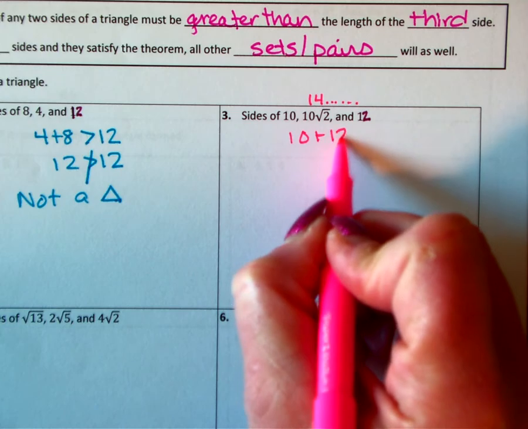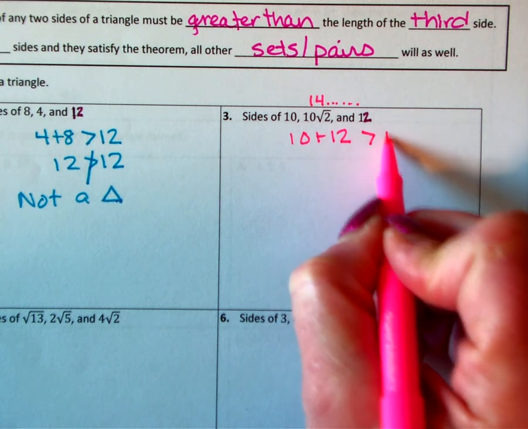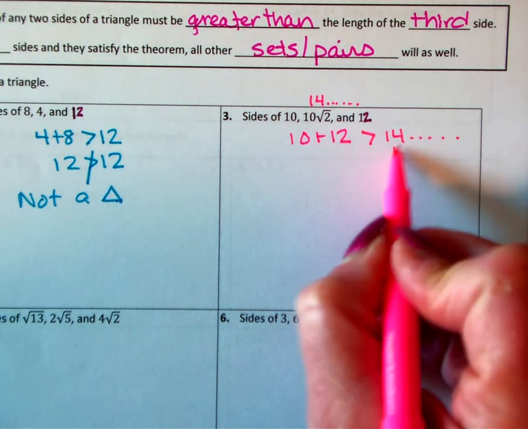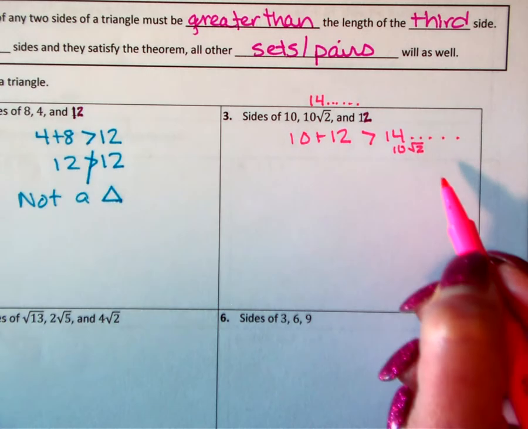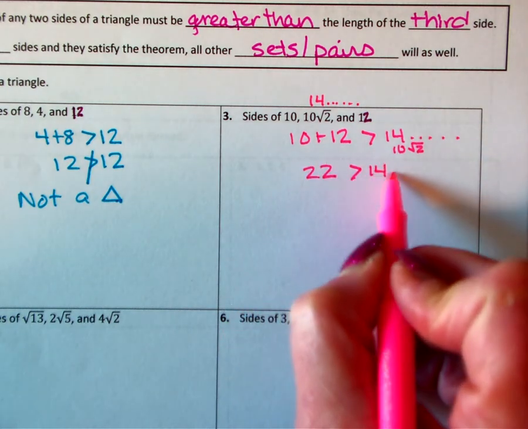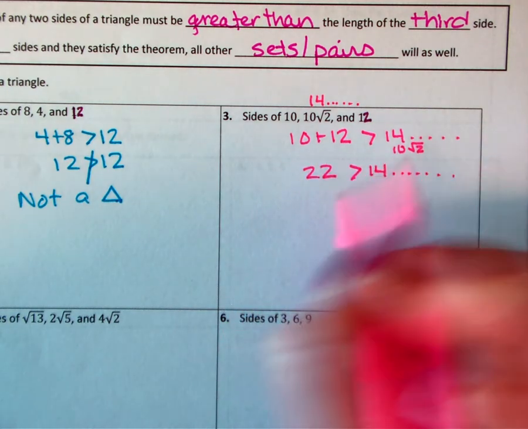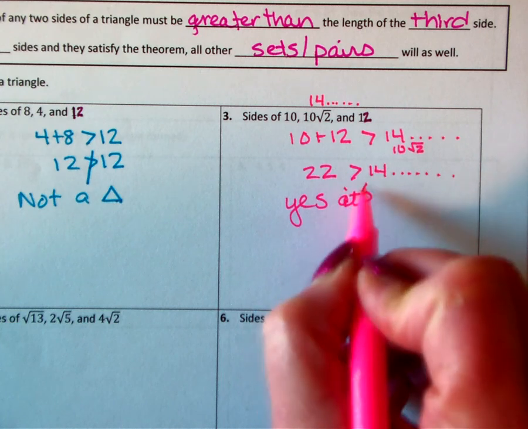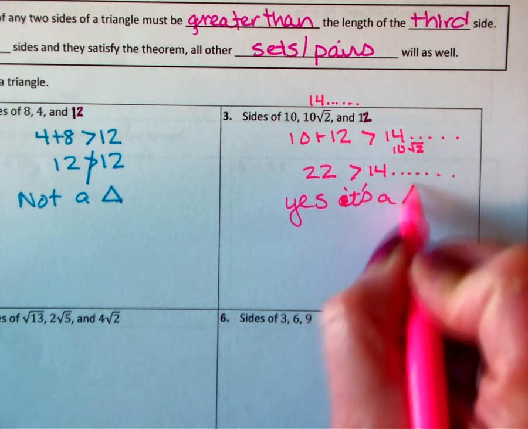So I'm checking to see if 10 and 12 are greater than 14 point something, which is the 10 square root of 2 as a decimal. So is 22 greater than 14 point something? It is. So it's a triangle.